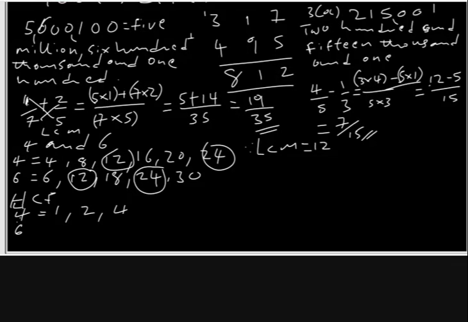Then for 6, the factors of 6 are 1, 2, 3, and 6. The numbers that can divide 4 are the factors of 4. The numbers that can divide 6 are the factors of 6. So from here, what are the common factors? A common factor is 1, it is here. Another common factor is 2, 2 is here. There's no other common factor. So now the HCF, the highest common factor, is equal to 2.